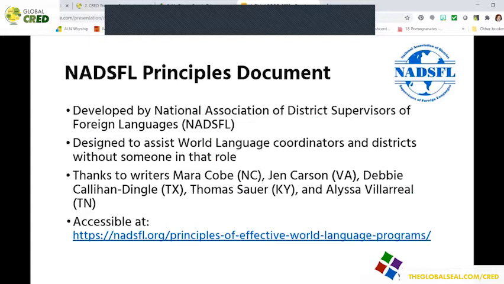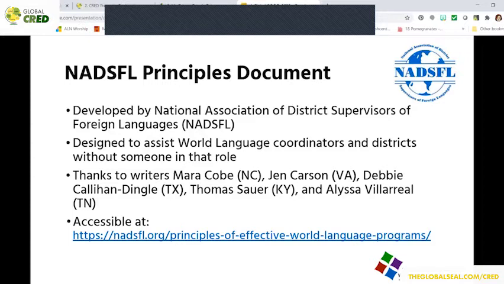It was designed to assist world language coordinators as well as districts and schools that don't have somebody who does that role. For example, in North Carolina, there are well over 110 districts, as well as charter schools, independent schools, and so on. Of all of those, there are only a handful of us who have a world language background. And yet there are world language programs in most districts and charter schools and independent schools.